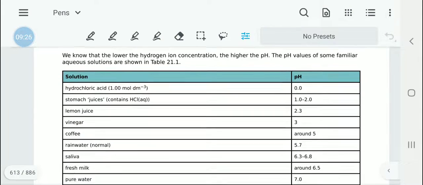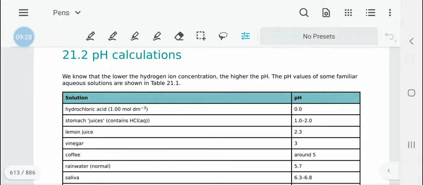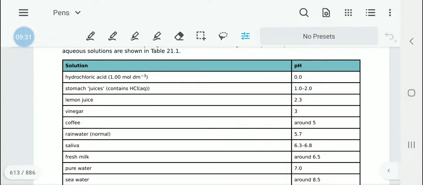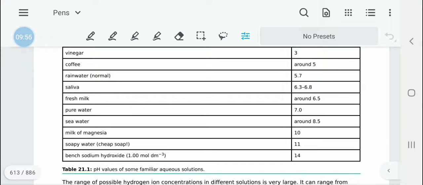Then we move to pH calculations. Hydrochloric acid at 1 mole per cubic decimeter, a highly concentrated hydrochloric acid, would have a pH of 0. Stomach juices contain HCl and would be between 1 and 2, lemon juice 2.3, vinegar 3, rainwater around 5, and fresh milk around 6.5.